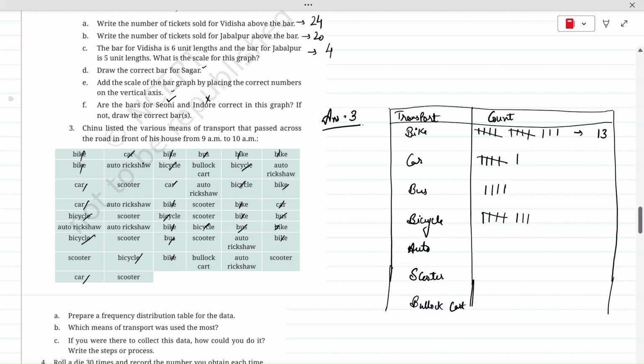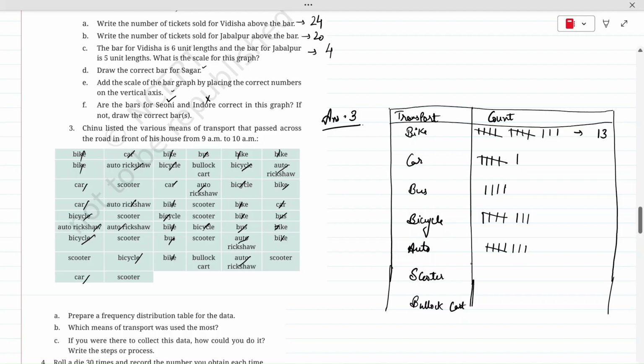Next we have auto. 1, 2, 3, 4, 5, 6, 7, 8.